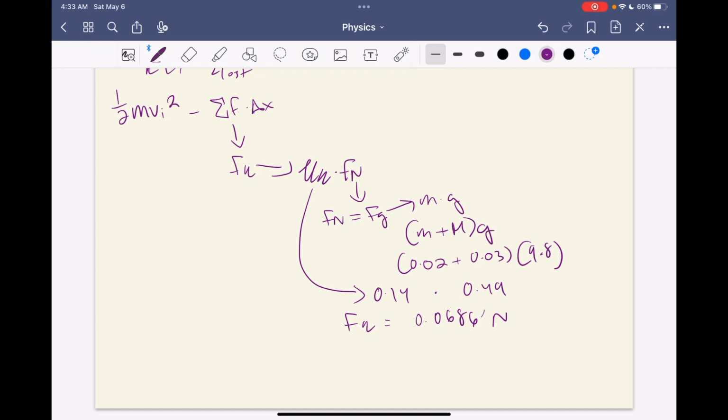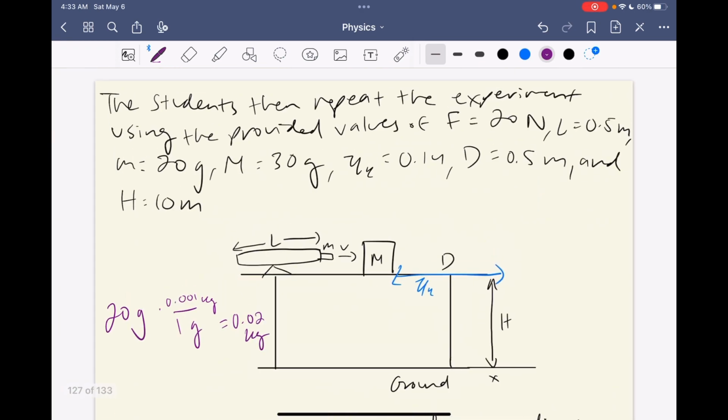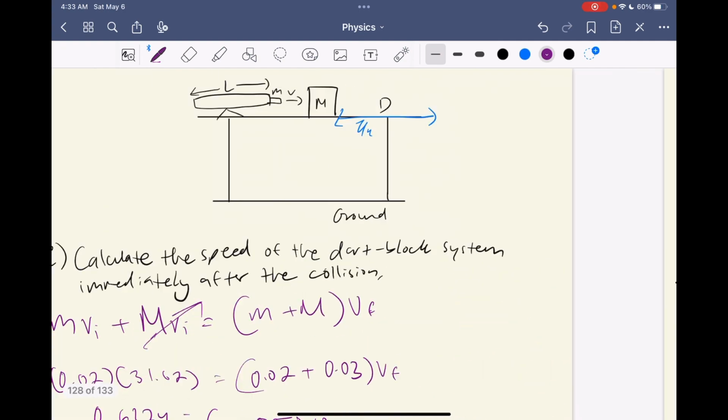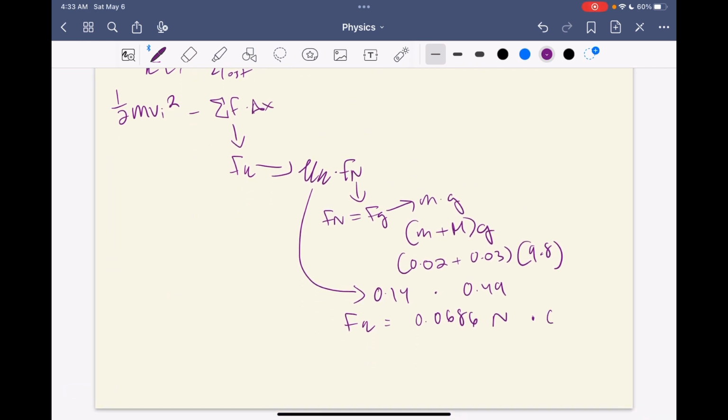Now we can multiply this by the distance, which is 0.5 meters. So we get 0.0343 for the energy lost. Now we can go back to the kinetic energy, which is 1/2 m vi squared.